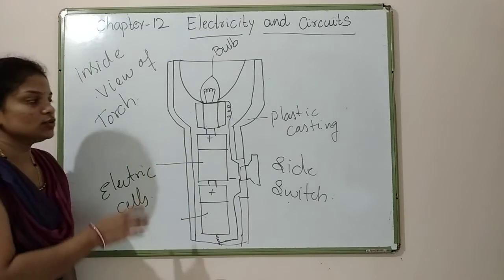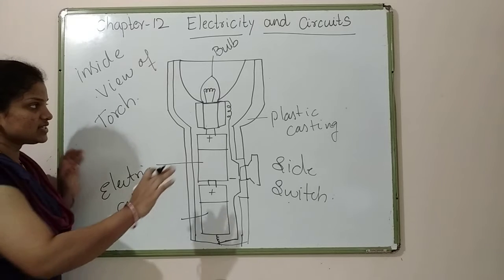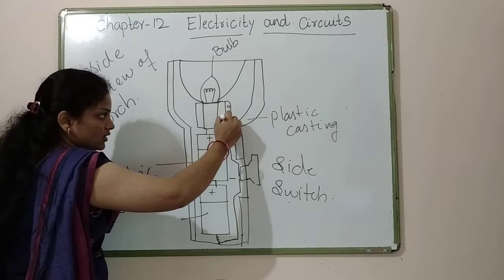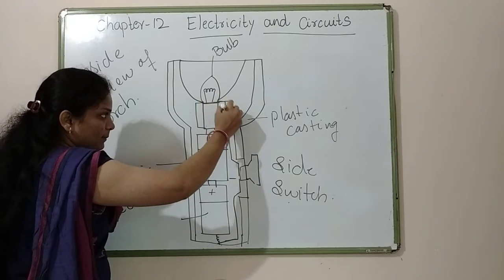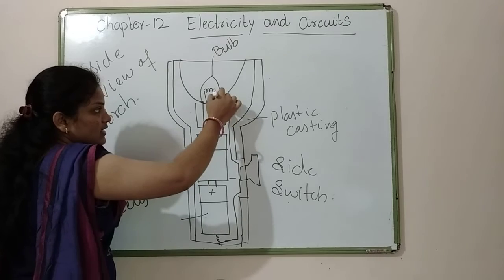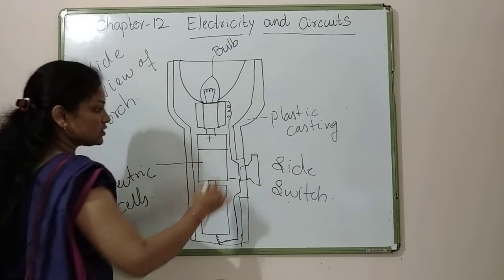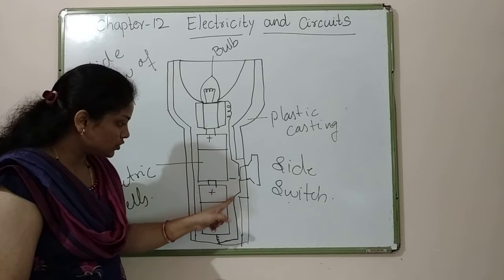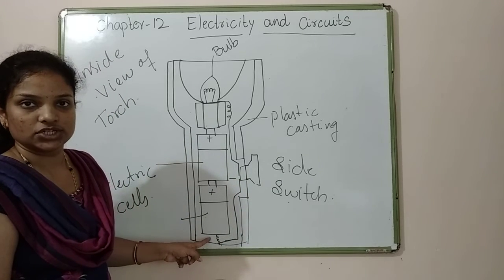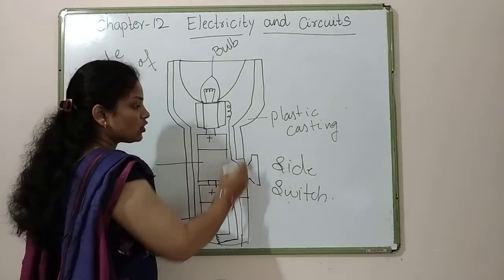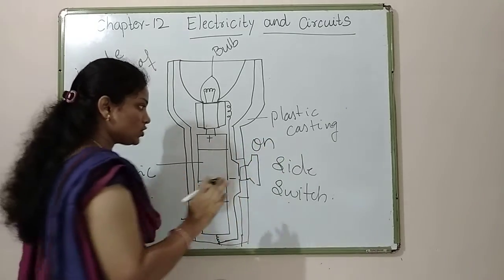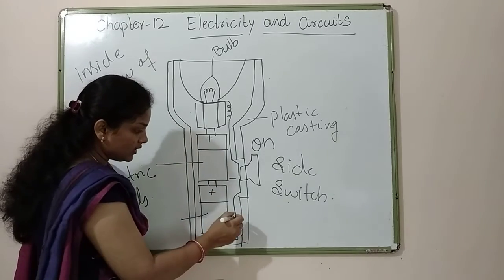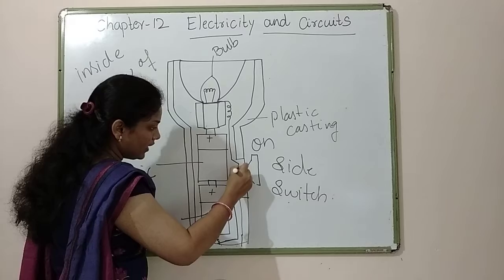Whenever you see this diagram, you just have to understand there is one wire connection from the bulb to the switch. This connection comes from the switch, and there is one more wire from the switch to the negative side of the electric cell.